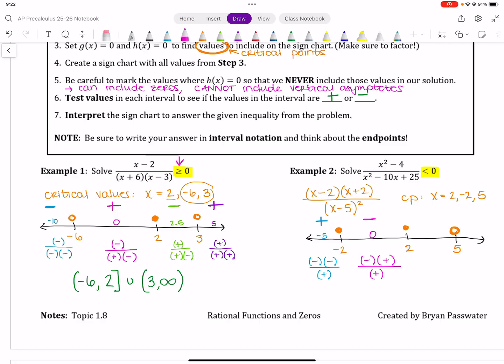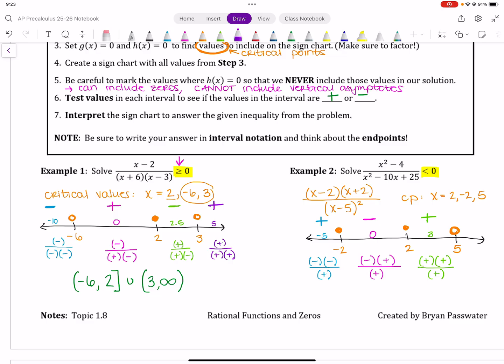So then we check our third interval between 2 and 5. I can check 3. 3 minus 2 is a positive number. 3 plus 2 is positive. And then remember, our denominator is always going to be positive because of that square. So that interval will end up being positive, above our x-axis.